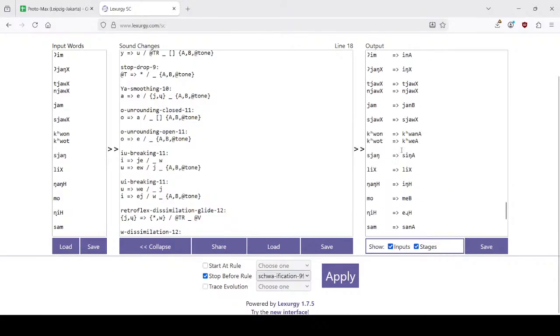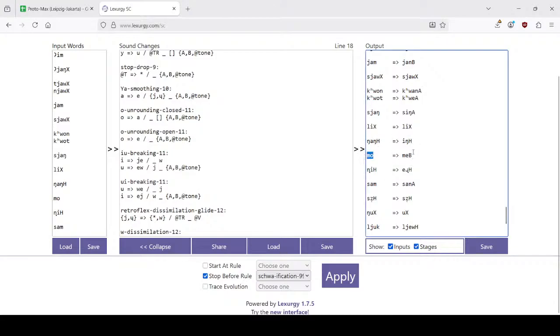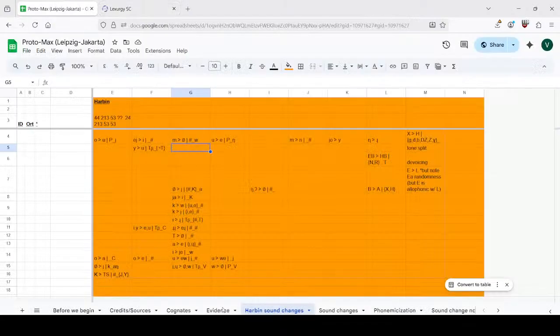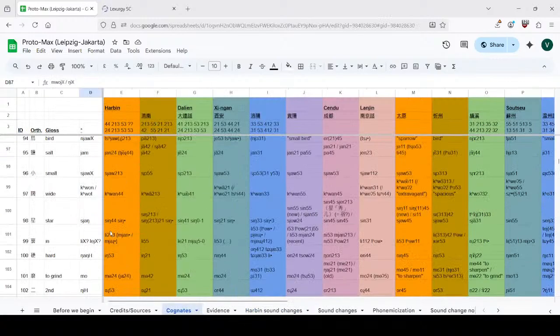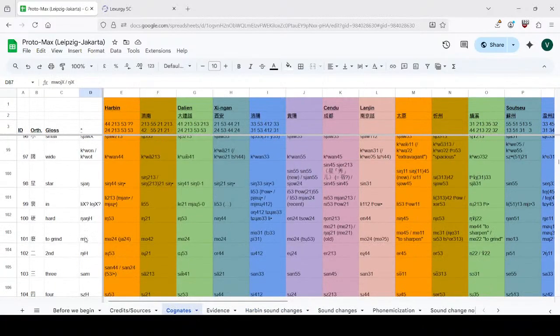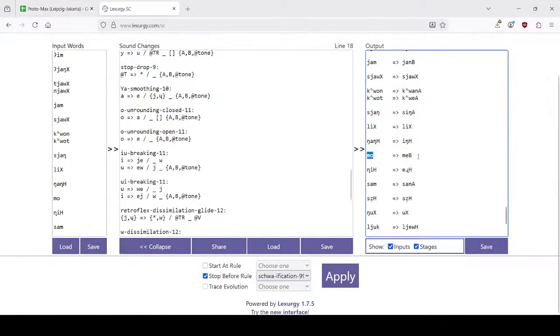Yeah, we were on yin. Ngang becomes yin. Mo becomes me. But that is not the case because no, it is, I think. Let's just check the cognates. We're on the grind, which is me, which is correct.